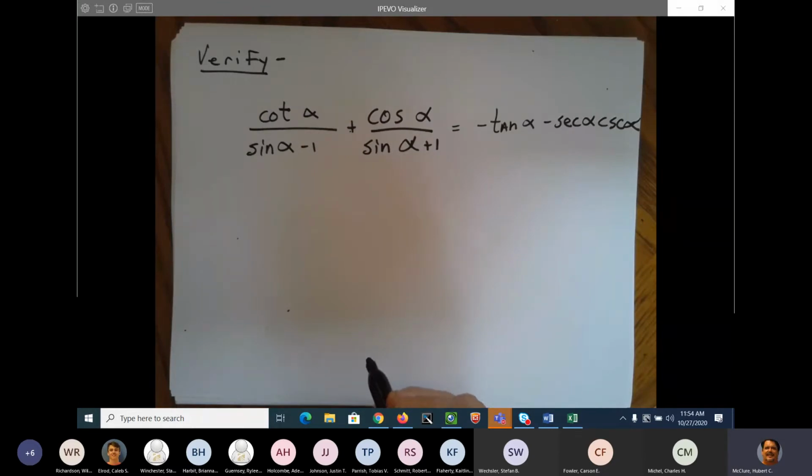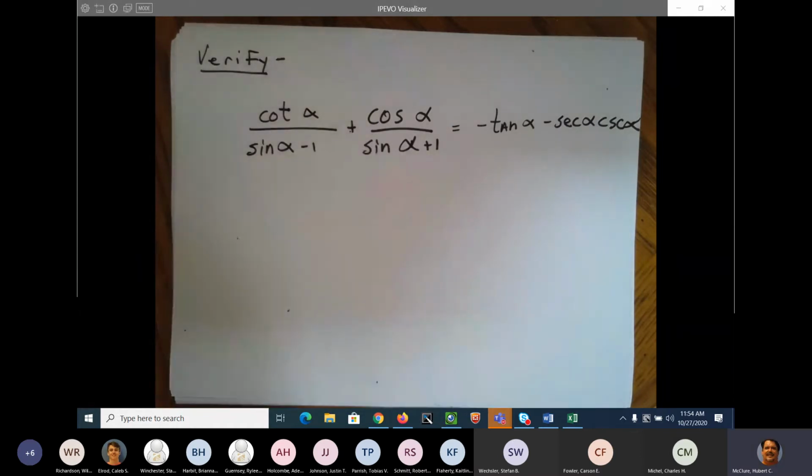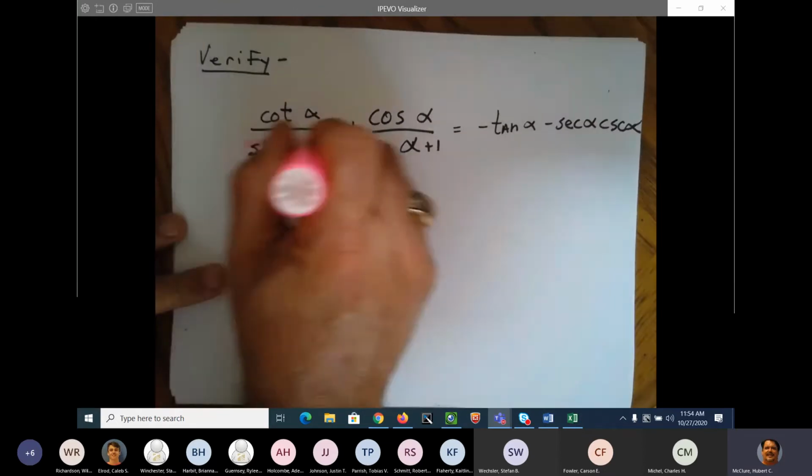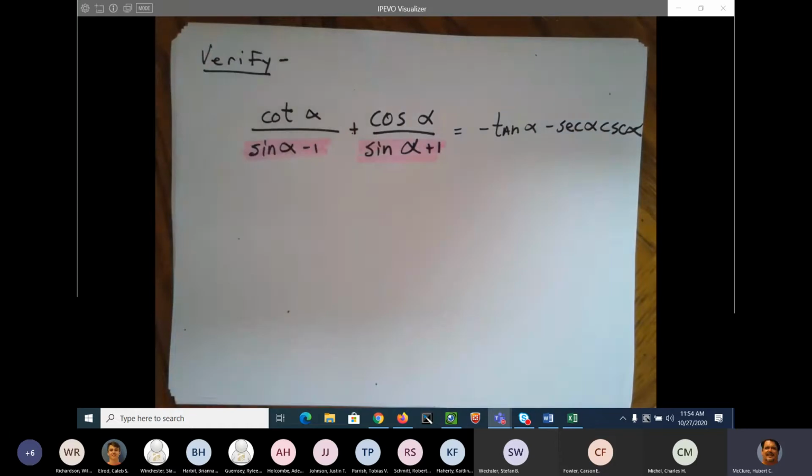All right. I see something different. You know what I see? I see shortcut number 2 on the bottom. I'm going to highlight that because that looks like shortcut number 3.